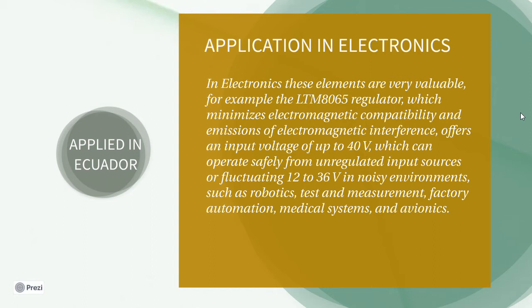For example, the LTM-A065 regulator, which minimizes electromagnetic compatibility issues and emission of electromagnetic interference, offers an input voltage of up to 40 volts, which can operate safely from an unregulated input source or fluctuating 12 to 36 volts in noisy environments such as robotics, test and measurement, factory automation, medical systems, and avionics.